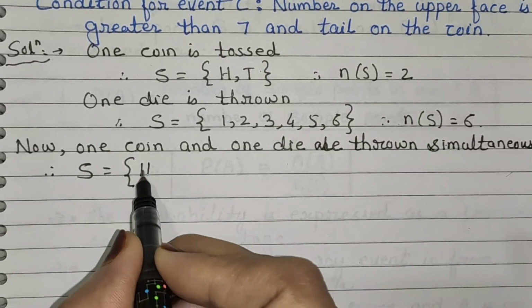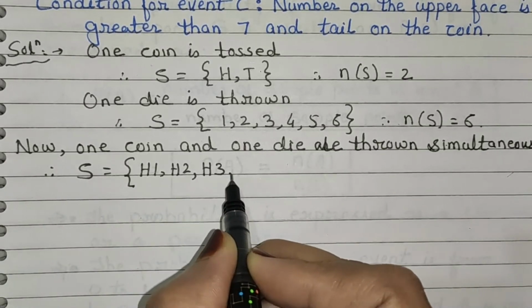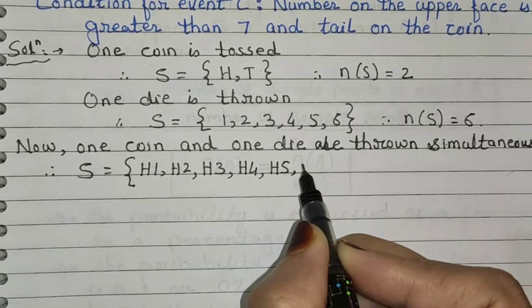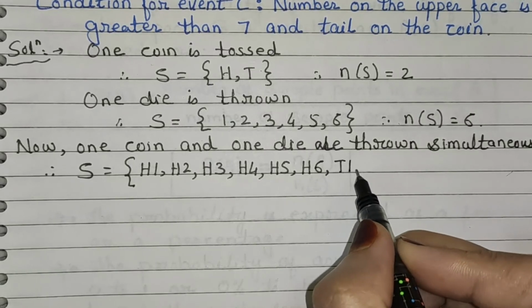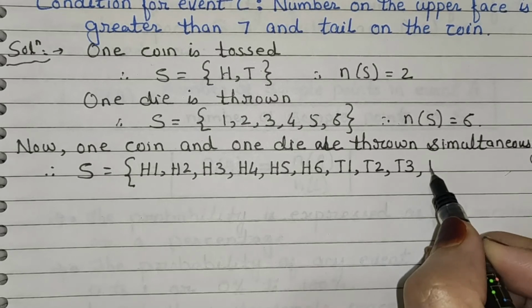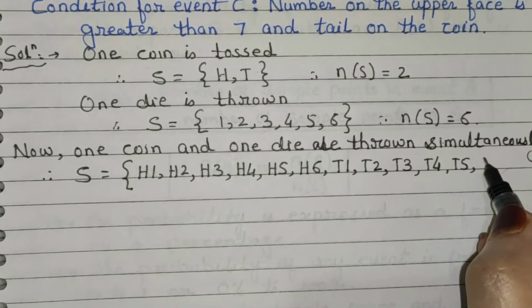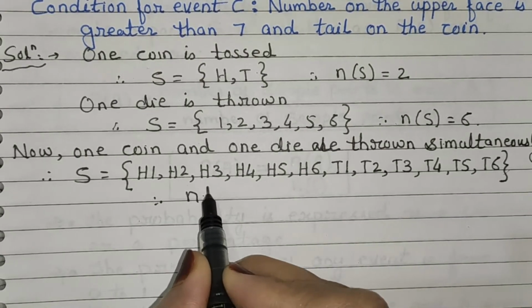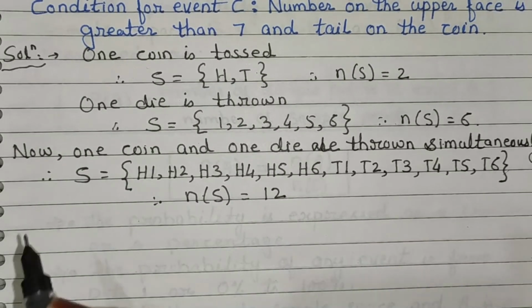Write down here H1, H2, H3, H4, H5 and H6. Now next T1, T2, T3, T4, T5 and T6. Therefore, N of S is equal to 12.